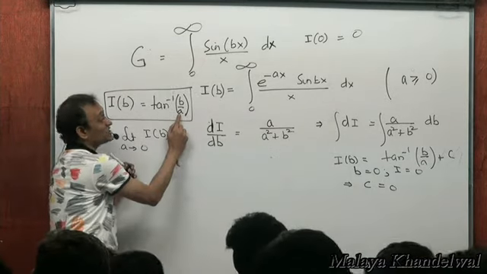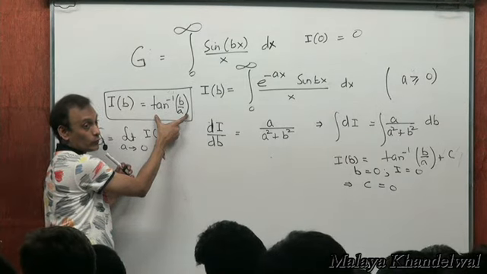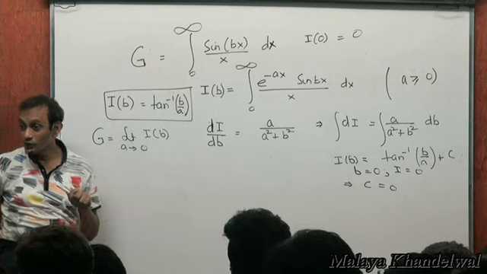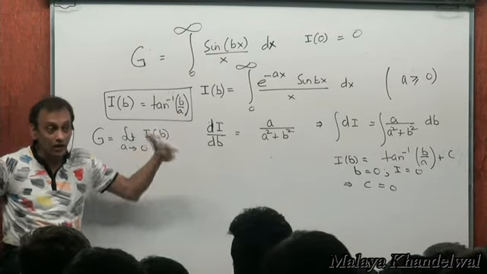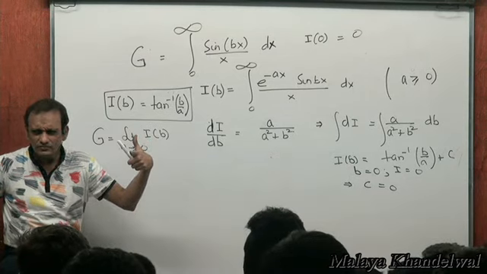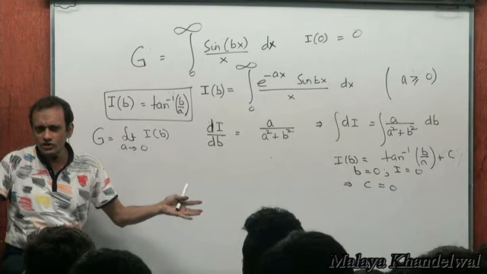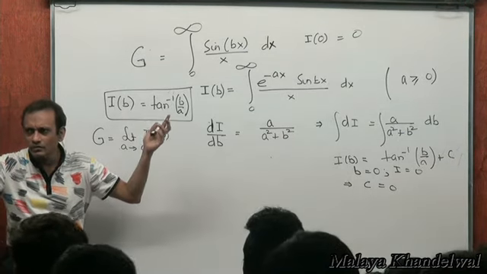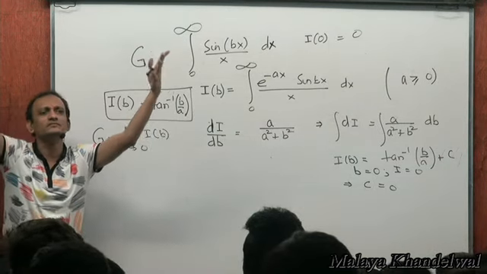Now, as a tends to 0 here, what will this be? Yes? As a tends to 0, tan inverse b by 0. I have a divided-by-zero here. Be unambiguous, come on. As a tends to 0, I(b) will tend to what?